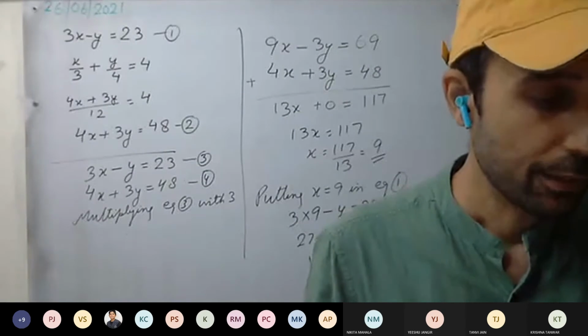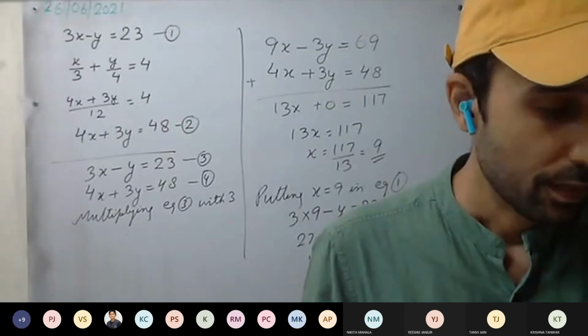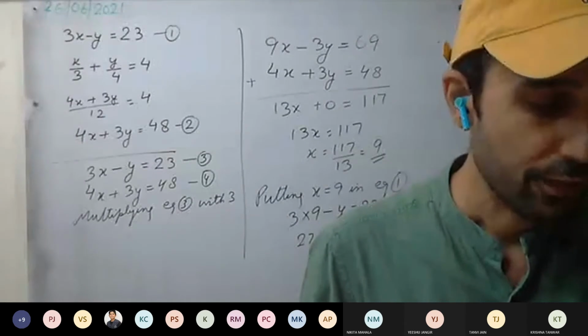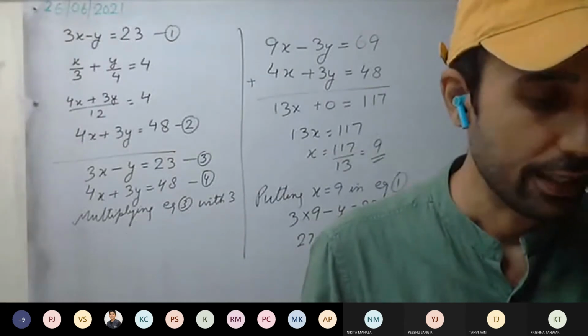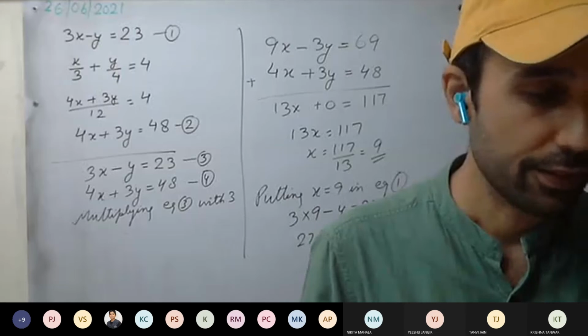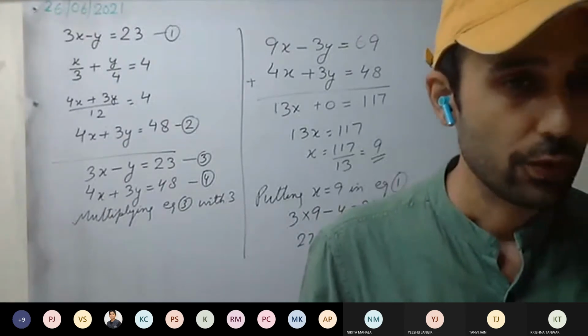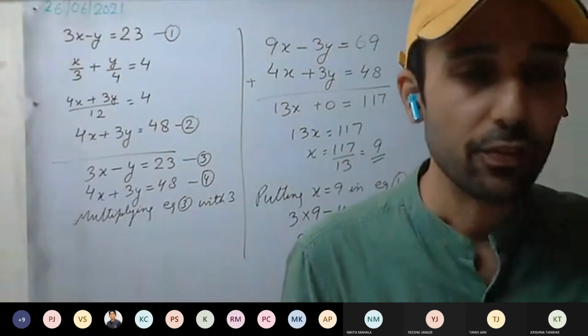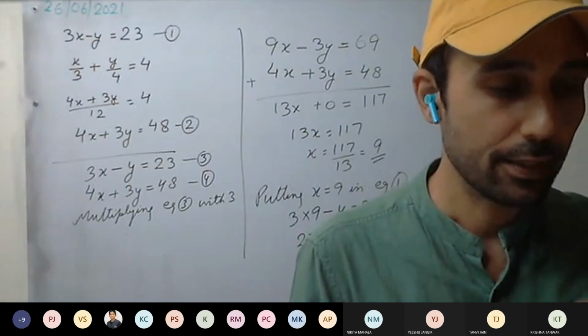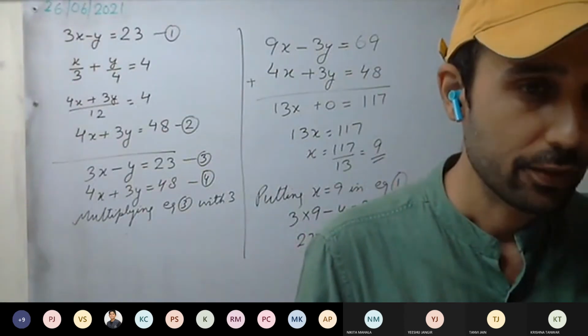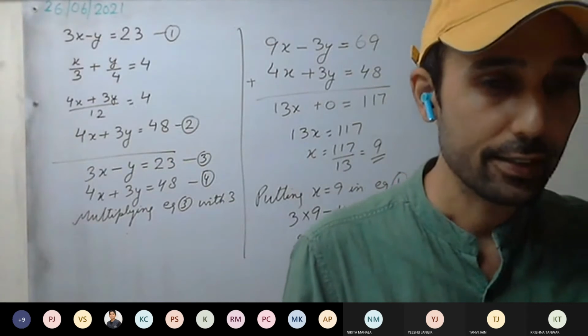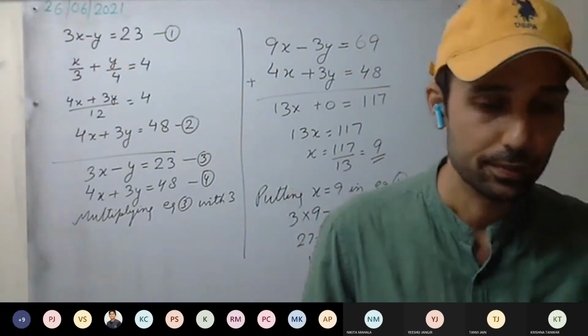If you multiply the second equation by 5, it will be 5 by 2, and the first equation as well is 5 by 2. They will get cancelled. It's up to you. Either you can simplify first, that is, take the LCM 6 and do it that way. Try the third question.